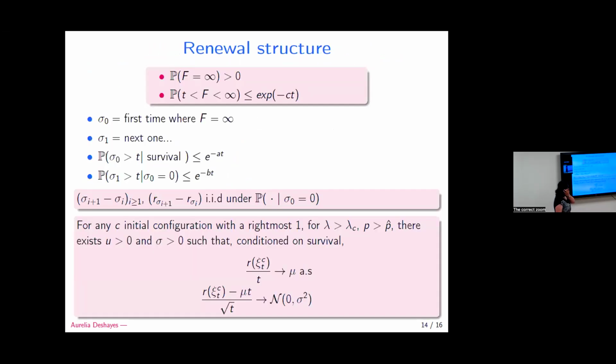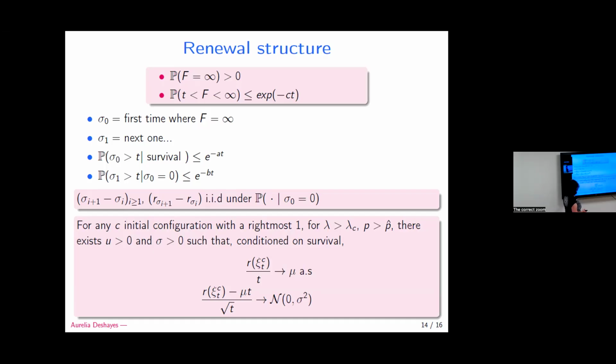Okay, so now it's over. You have this property that has positive probability and an exponentially decaying tail. So you look for the first time that the property is true, then you wait a little bit and look for the next one. The good thing is that this first time happens really quickly, and when you know that this first time is 0, for example, the next one also happens quickly.